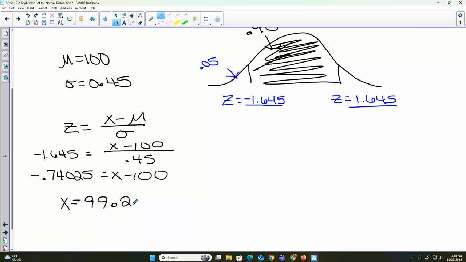Let's just go to 2 decimal places. So for that one, I got 99.26.